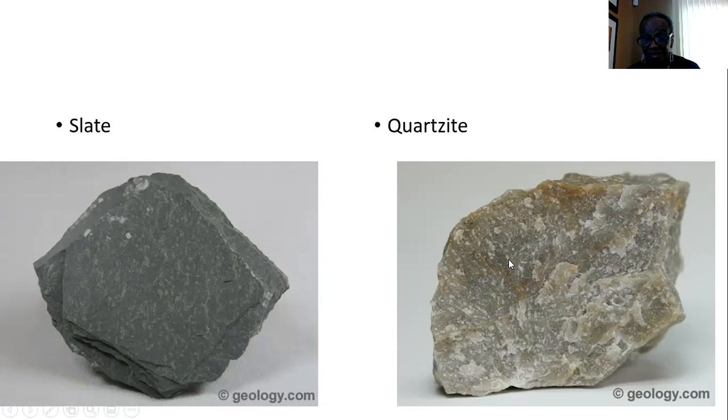Quartzite, if you look at the name of this, kind of reminds you of the mineral quartz. So quartzite, we normally think of as being the non-foliated metamorphic rock that was at one time sandstone.